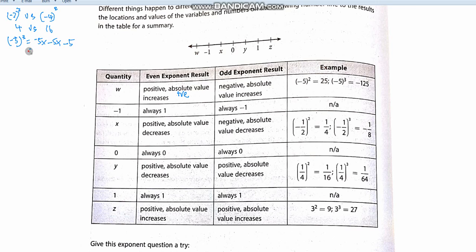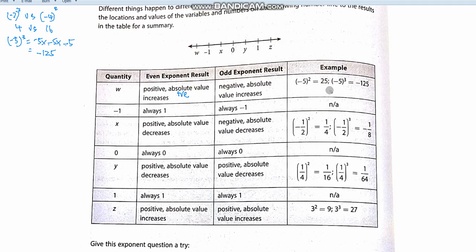Let's look at the sign first. Minus times minus becomes plus, plus times minus becomes negative. Then you look at the number, 5 times 5 times 5 is 125. So if you have an odd exponent and a negative base, the value is always negative. We are talking about anything less than -1, that means -2 onwards.